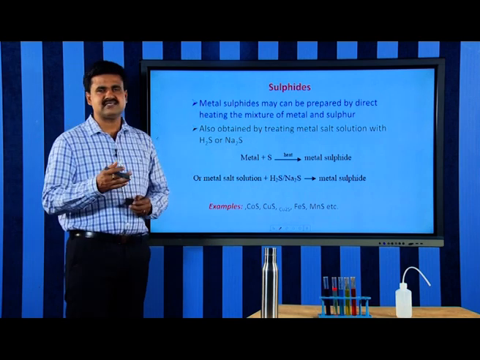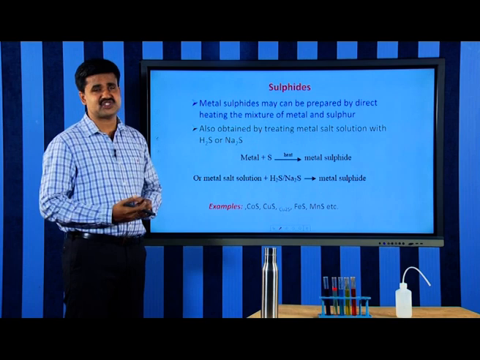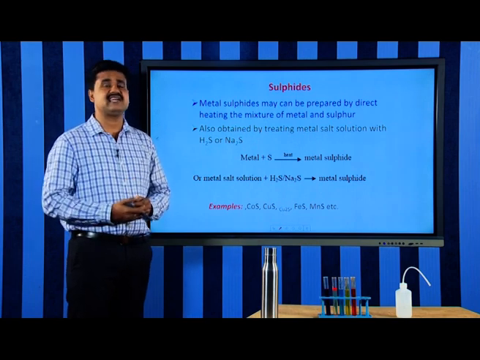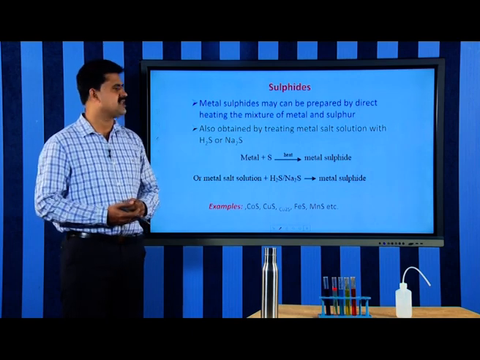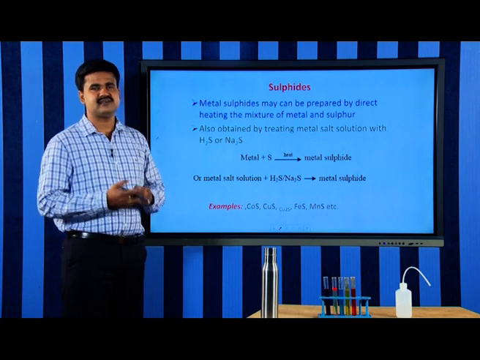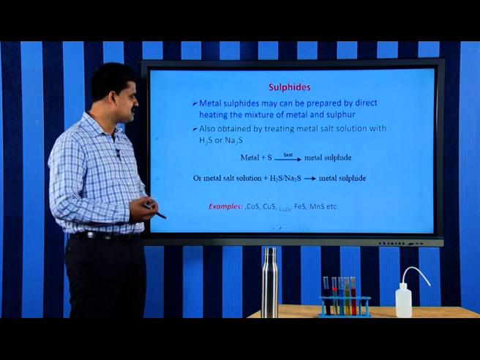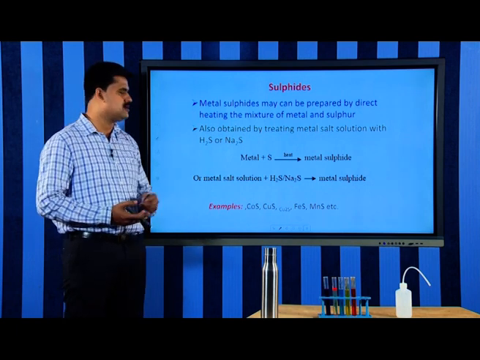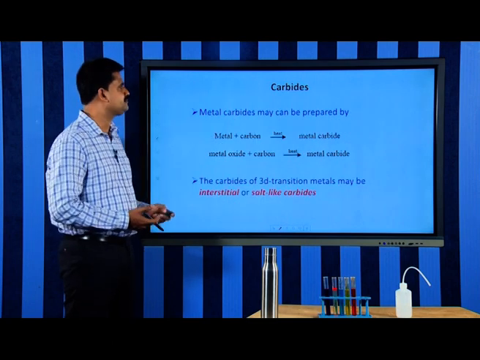Second one is the reaction between a transition metal salt solution with either hydrogen sulfide or sodium sulfide solution. These two methods are employed for the preparation of transition metal sulfides. Some representative examples are cobalt sulfide, cuprous sulfide, cupric sulfide, ferrous sulfide, etc.